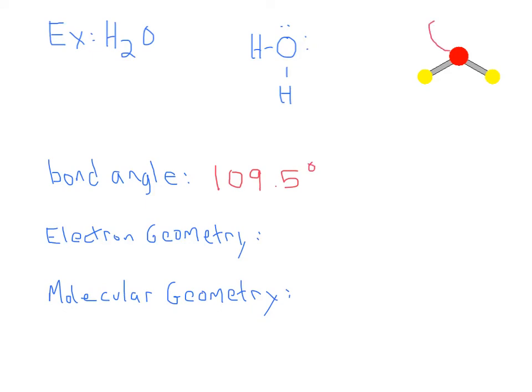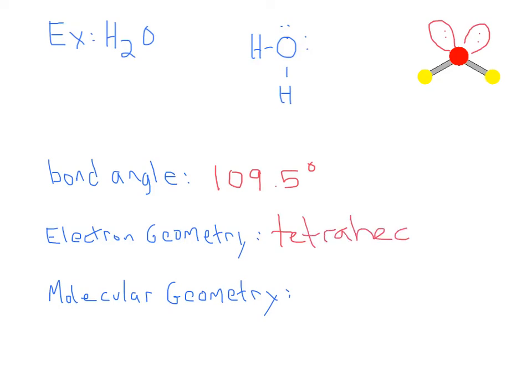Even though there's only 3 atoms, we have 2 separate lone pair electron groupings projecting up, which we don't show in the ball and stick model, but they definitely affect the geometry because they're still repelling those bonded electrons away from them. So the electron geometry in this case would still be tetrahedral because there are 4 bodies around the center.